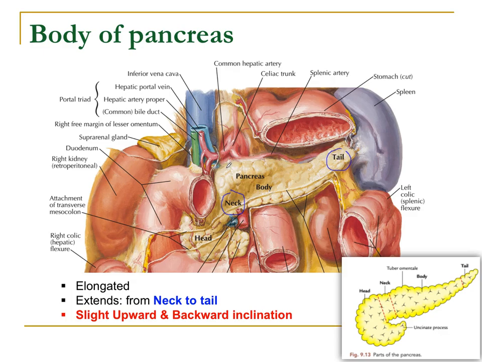It is directed slightly backward, and there is an inclination towards the tail, or towards the left side. It is slightly upward, but it is moving backward towards the spleen. The neck is moving upward and forward, but the body is moving upward and backward.